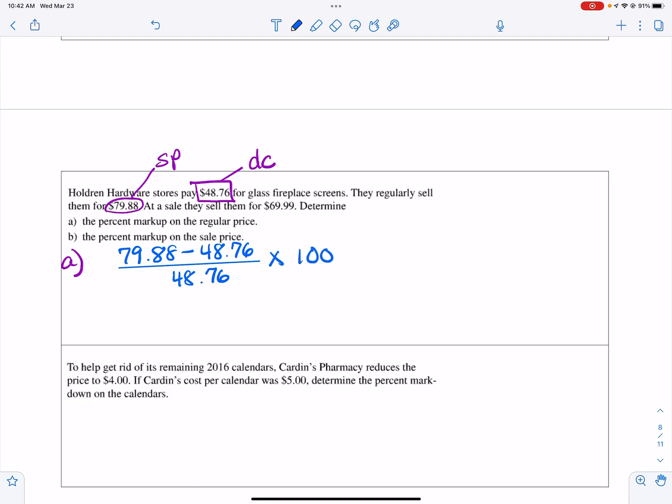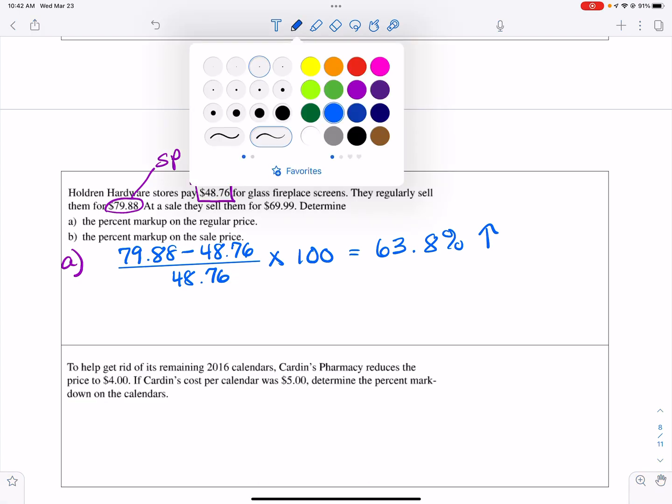And so when I do that, I am going to get a positive number, and this is going to be, we'll just say one decimal place again, 63.8% increase, okay?